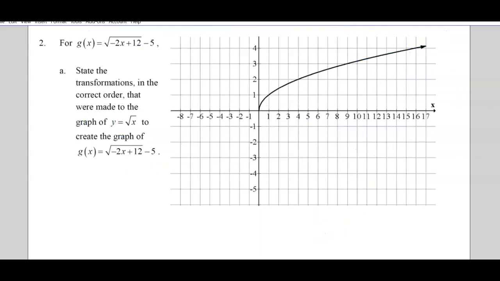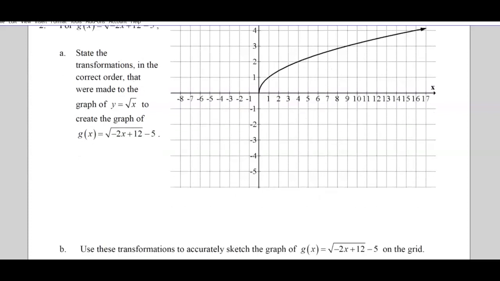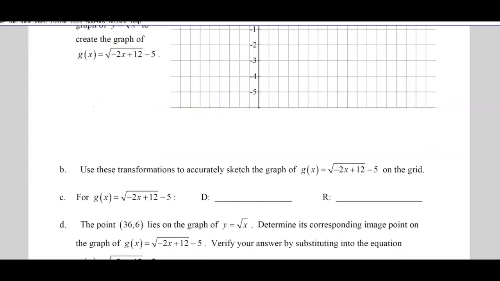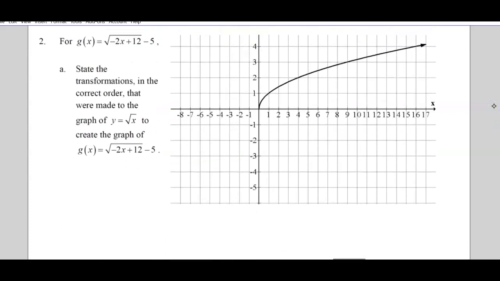Okay, different one here. Again, we graphed the base graph for you. It says state the transformations in the correct order. And then you're going to be asked to sketch the new graph. Biggest thing here is to take a look. There's nothing outside in terms of the vertical stretch.